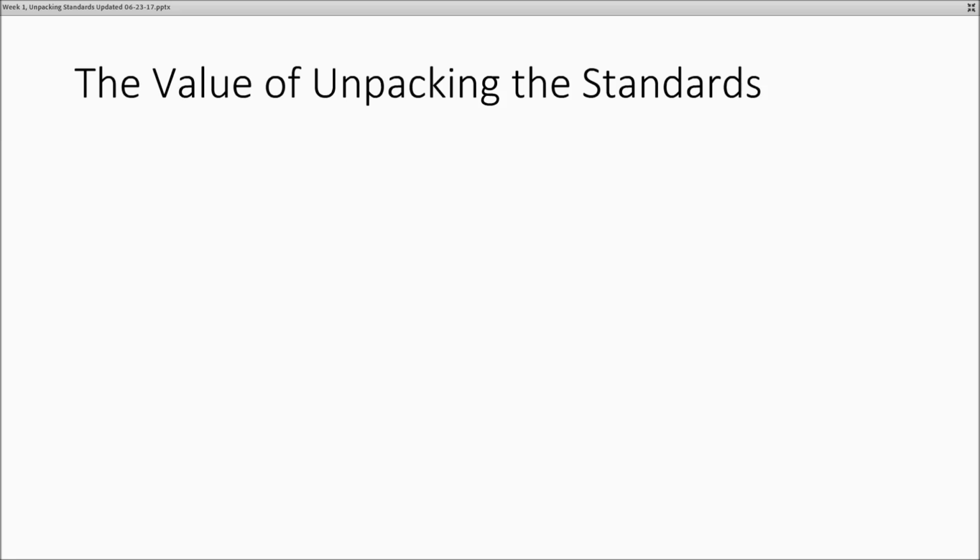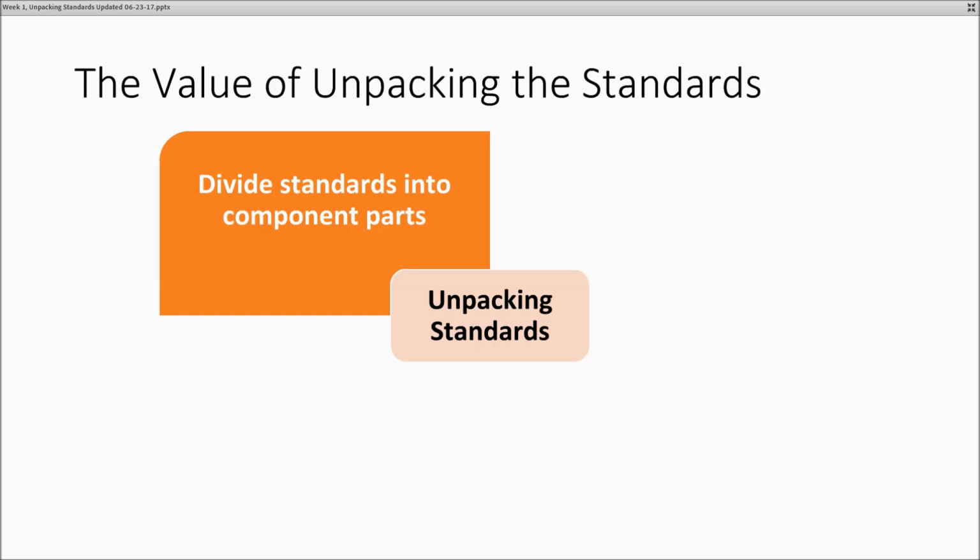In order to determine what the individual standards require of learners, teachers can unpack them in order to address each individual component of the standards. Often, standards have multiple components. These help to convey what is intended for each standard, and we'll look really closely at these components in just a moment.